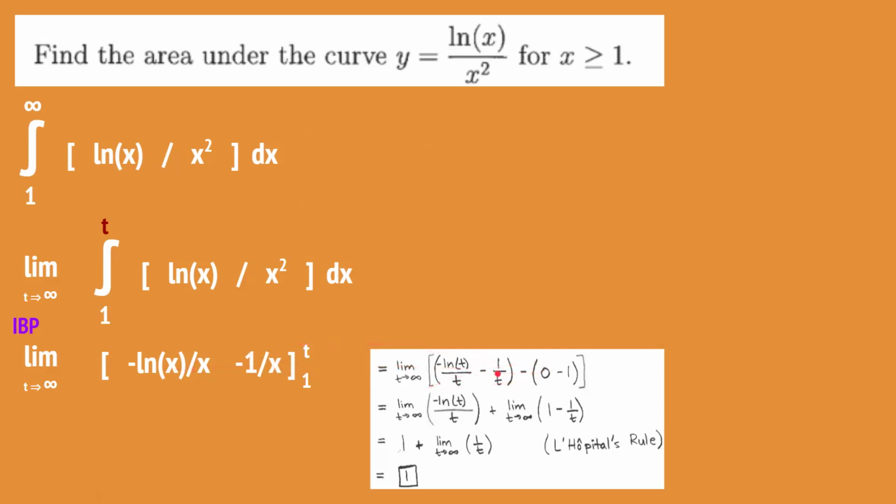And then you can actually split apart these limits. And we can see that if we plug in infinity here, we get ln of infinity divided by infinity. Sorry about that.